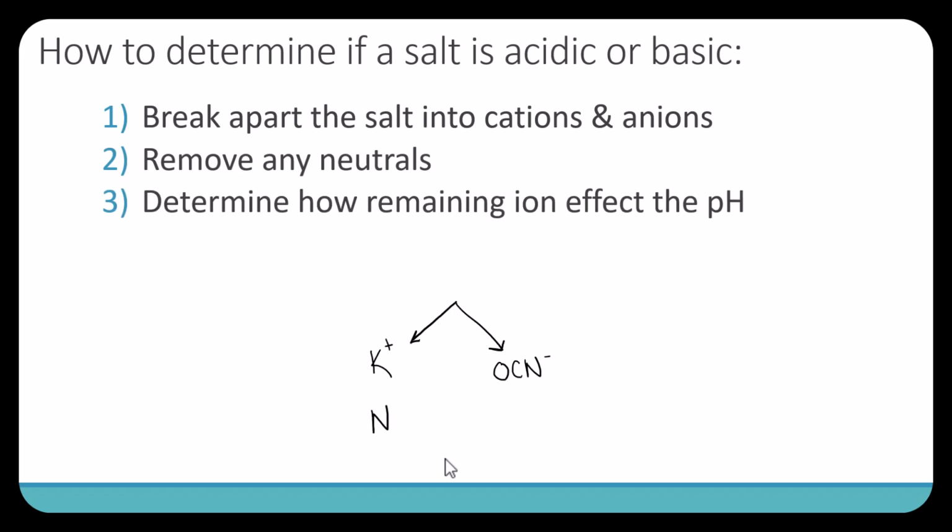So I break apart, I get rid of any neutrals, I decide this is going to affect the pH, and it's going to have a basic effect. It's going to cause the pH to go up, to increase. So go more towards the basic side.